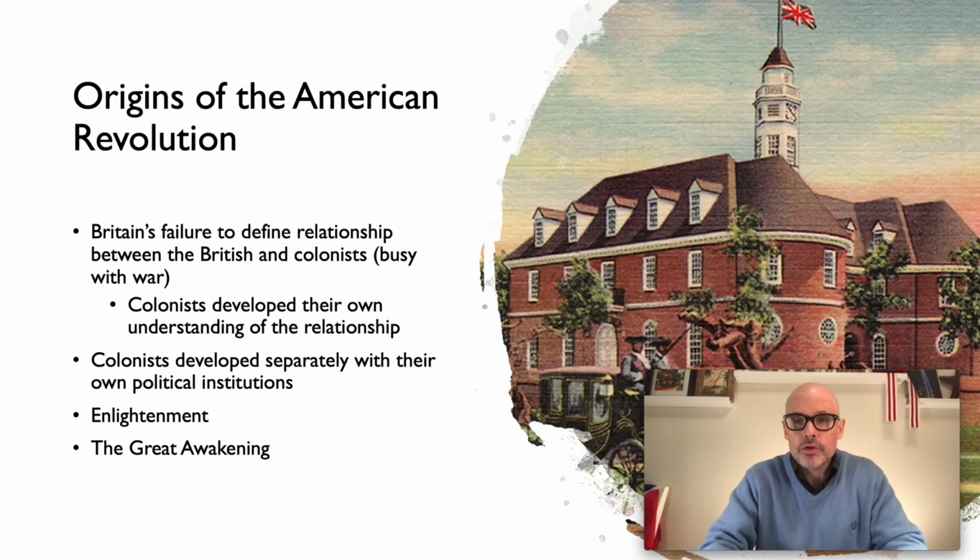And some of these new ideas included, for example, natural rights or individual rights that everybody should have and that the government should protect. This is John Locke. He talked about the government protecting people's life, liberty, and property. And you will see lots of this language used in the founding documents when America becomes a country.